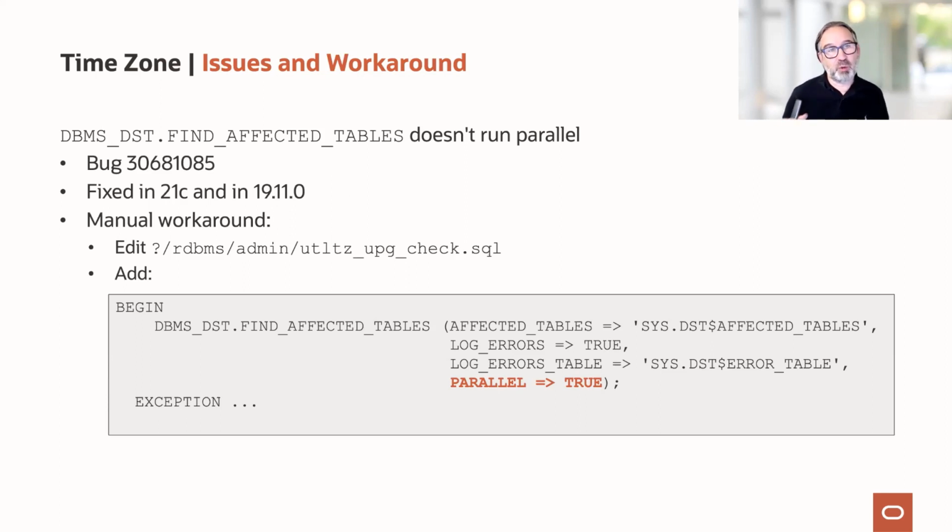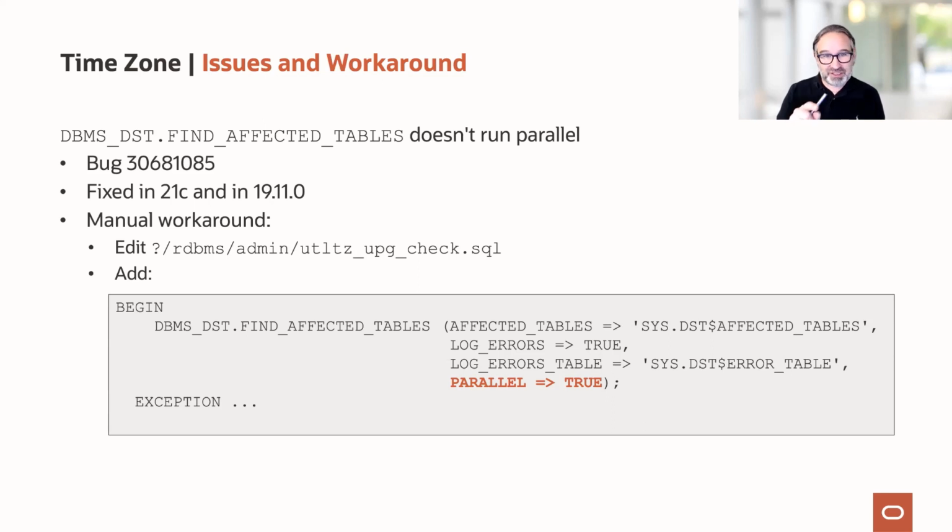First of all, when the check script runs, the upg_check1, then it does a call to find affected tables. And this by default does not run in parallel. So for instance, one of my customers called me and said, hey, Mike, it's running for 12 hours. I mean, we have a lot of data, but why is it going so slow and serial? Very simple.